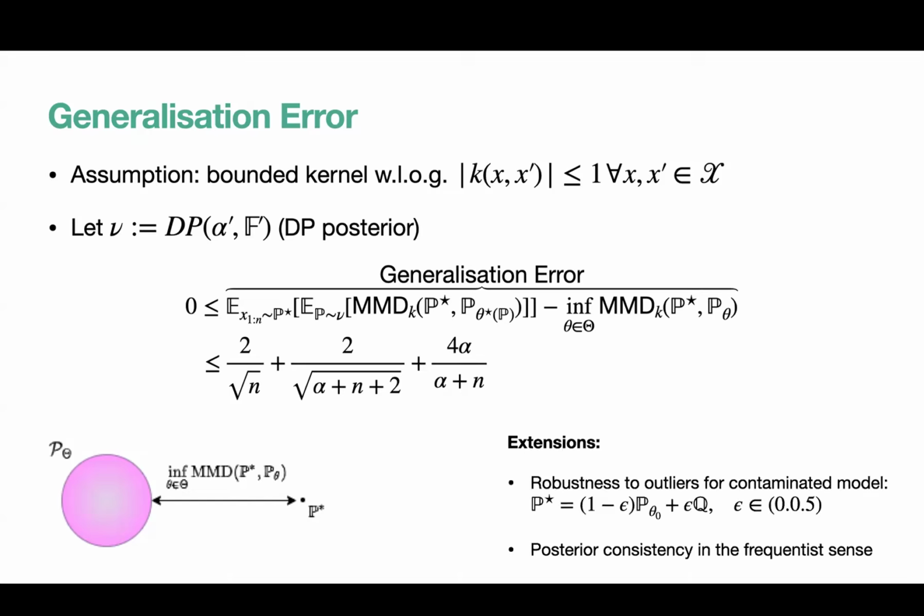So these are the type of results we looked at. There are some extensions you can get from this generalization, for example linking to Huber contamination models specifically, and posterior consistency properties.